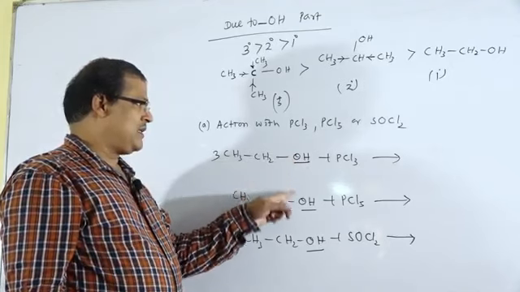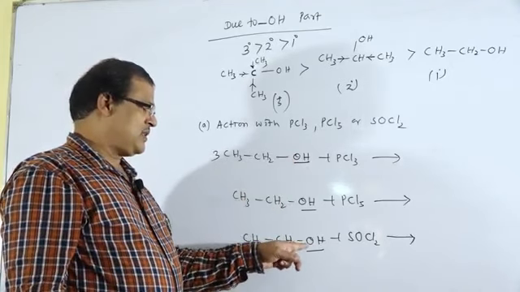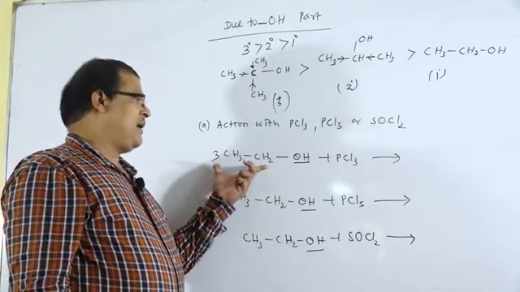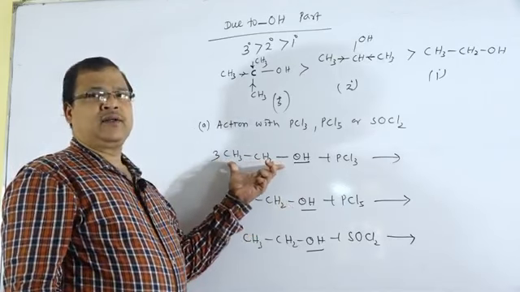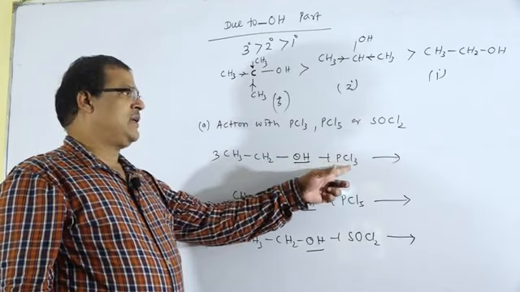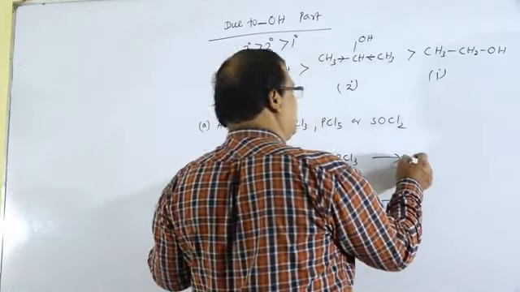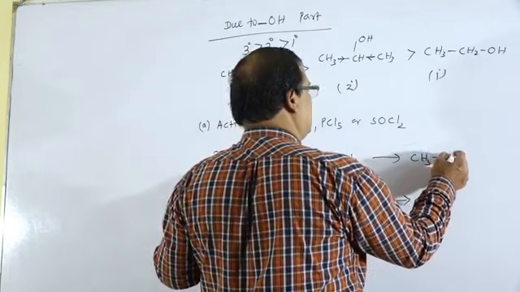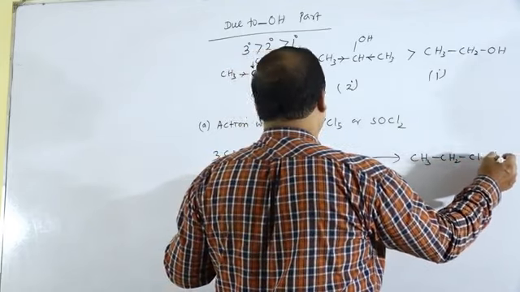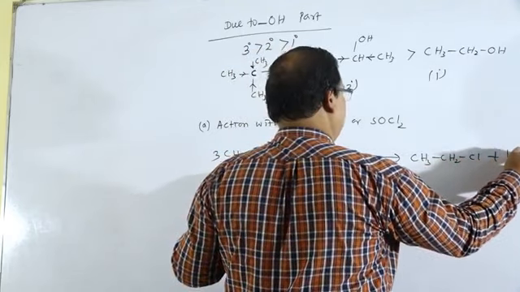This bond will break in all these cases. In the first case, ethyl alcohol treated with phosphorus trichloride, what will happen? There is the formation of CH3CH2Cl plus H3PO3.